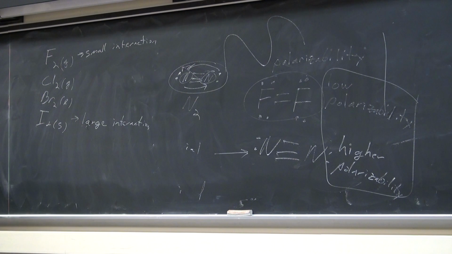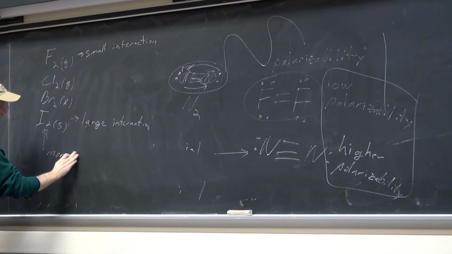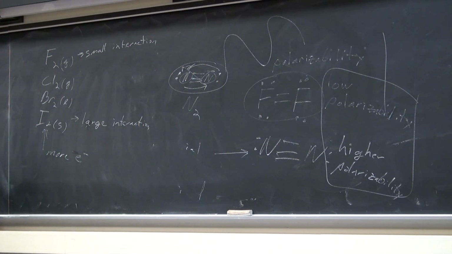It's more polarizable. Remember, there's more electrons in iodine. More electrons. What else is iodine compared to fluorine? What's special about fluorine?